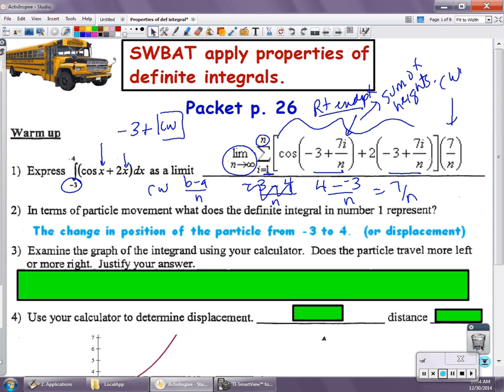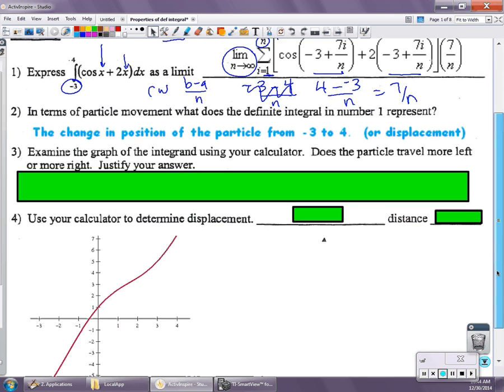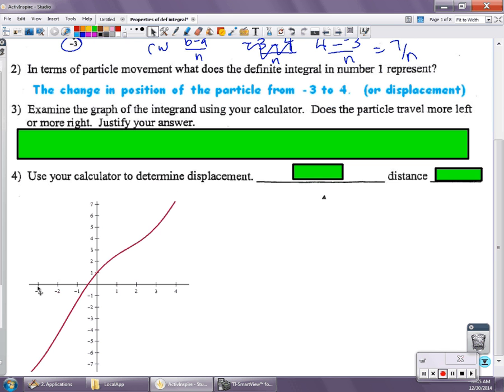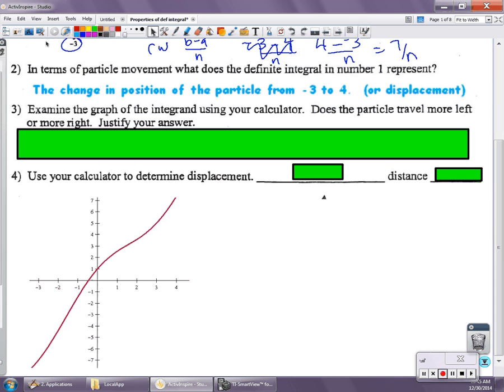Number 3, examine the graph of the integrand using your calculator. Does the particle travel more left or more right? Justify your answer. Well, down here below I have the graph, and so we're moving from -3, which is about here, to 4.